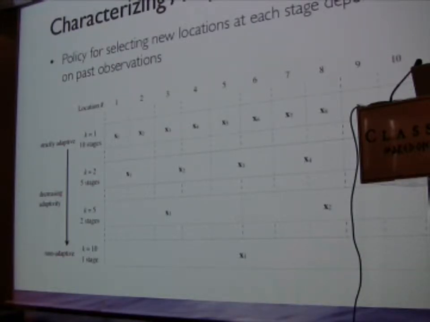We can enumerate a spectrum of adaptivity for all the various exploration policies by expanding the number of locations that you can select at each stage, as you can see here.